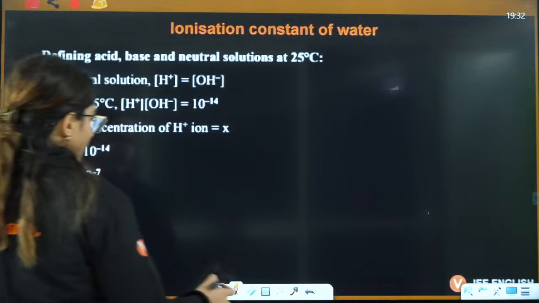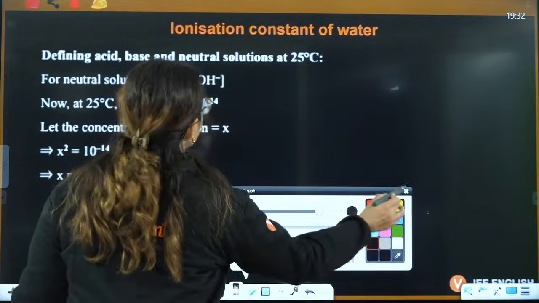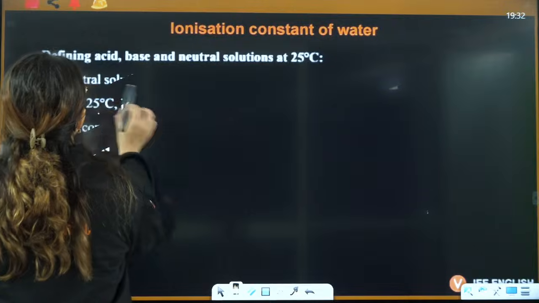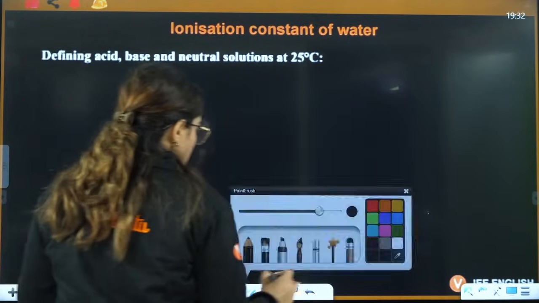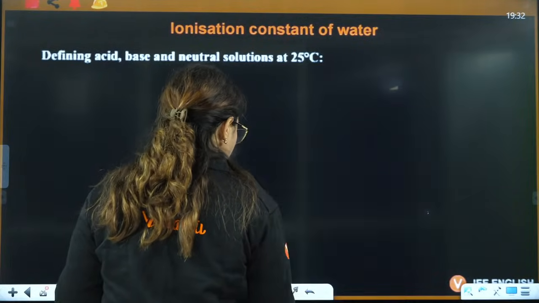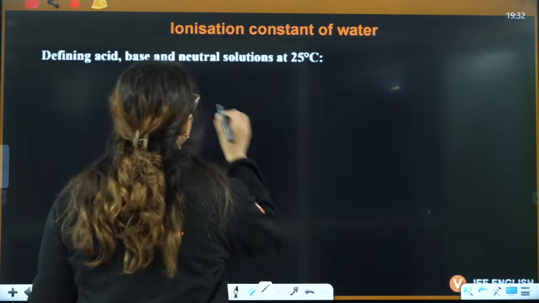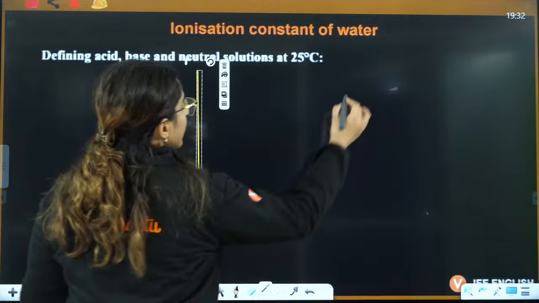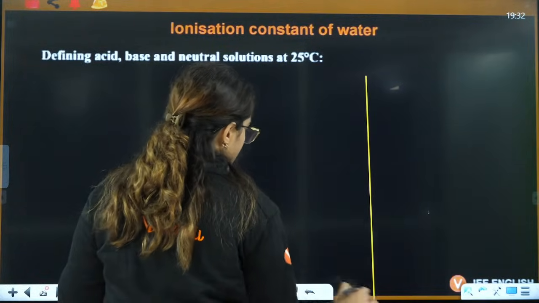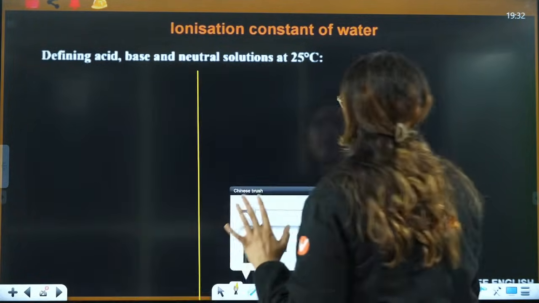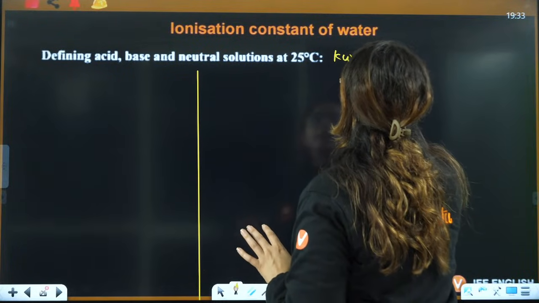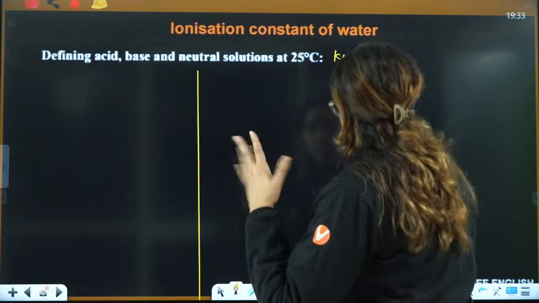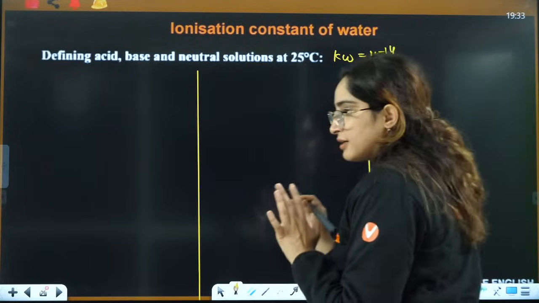Let's talk about defining acid, base and neutral solution. See, I'll divide into 3 categories, okay? At 25 degrees Celsius, Kw is fixed, that is 10 raised to minus 14. There is no doubt in that.